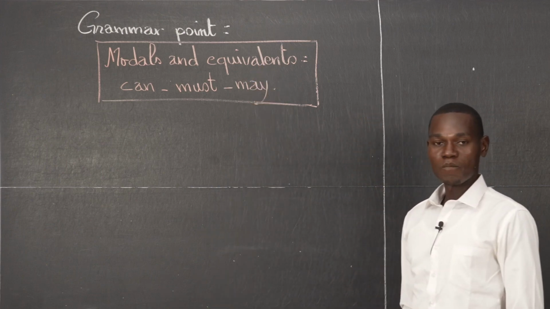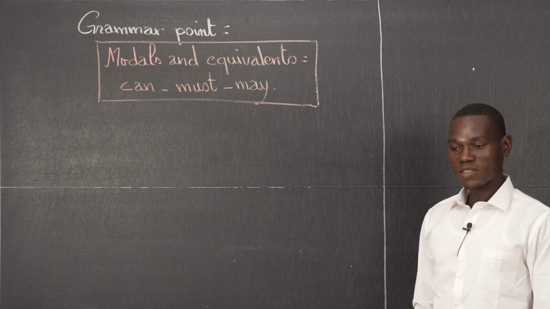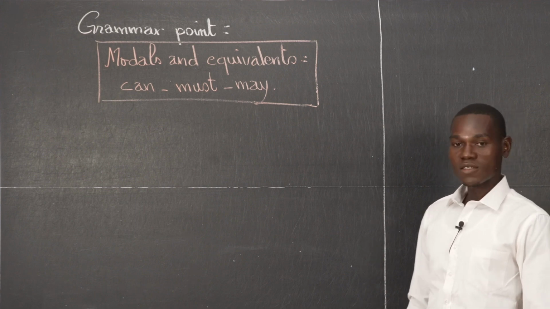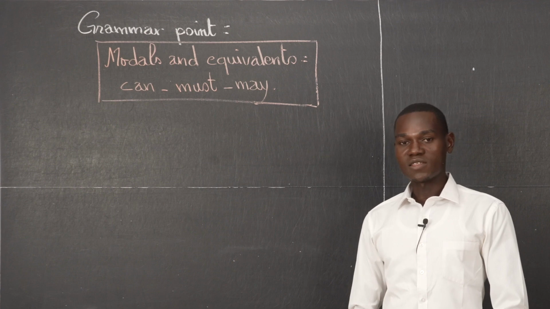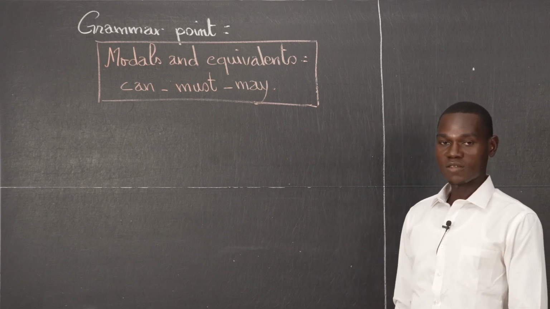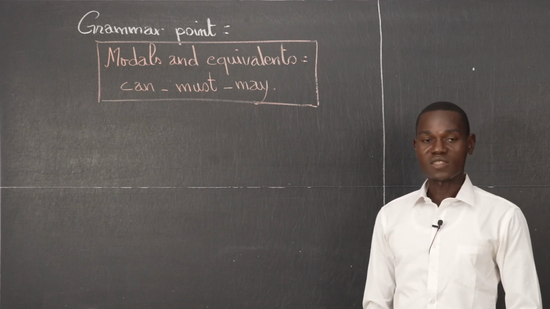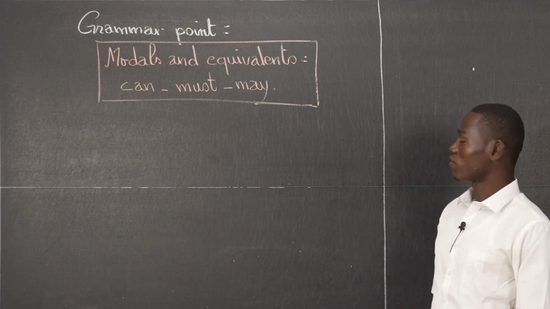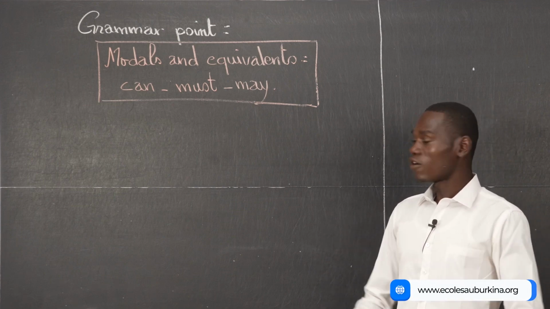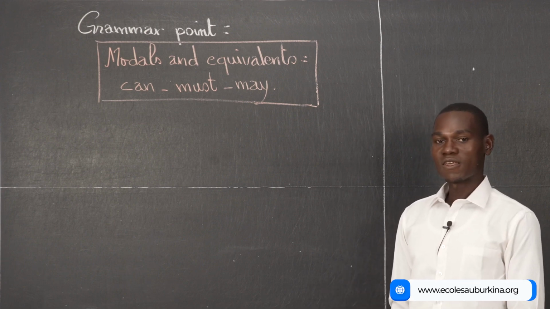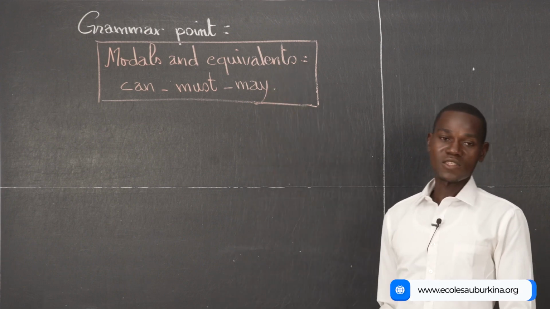So you see, the simple present and the simple past exist for modals. There is a simple past for can, a simple past for may, but for the other tenses, we use the equivalents.